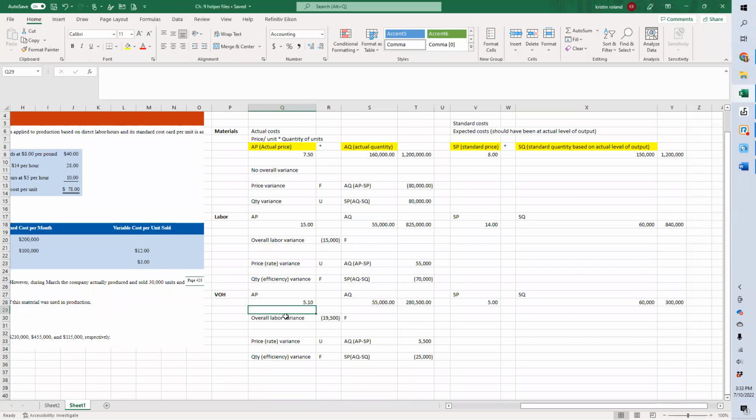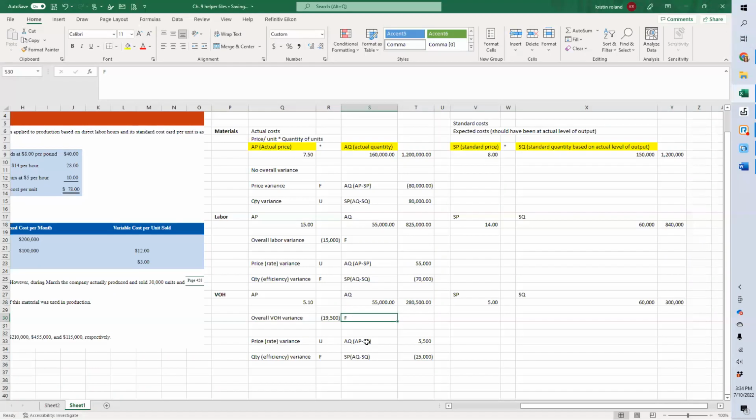Except this shouldn't be labor variance, this should be our overall variable overhead variance, which is the 280,500 minus the 300,000, or 19,500. And we spent less than we anticipated, so the variance is favorable.